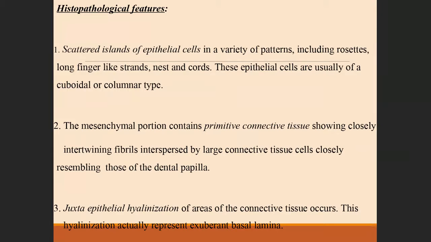The mesenchymal component will look just like the primitive connective tissue, like your dental papilla, wherein there are a lot of connective tissue cells with long fibrils, more loose, like intervening fibrils interspersed by large connective tissue cells, that is larger plump connective tissue cells, and these cells are more elongated and they contain fibrils within the cytoplasm.